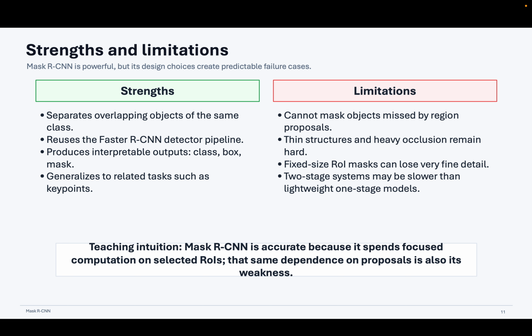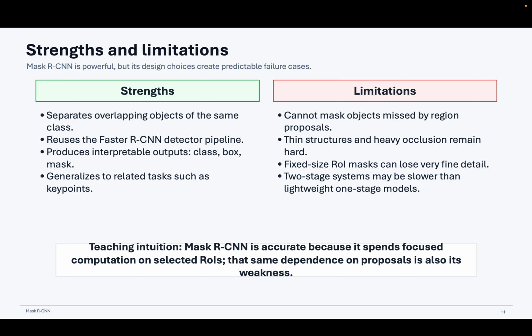It depends on region proposals. Missed proposals mean missed masks. Very crowded scenes and heavy computation can still be difficult. Also, the small fixed-size RoI mask must be resized into the final box, so very small details may be lost. This helps explain why later segmentation systems explore different designs.